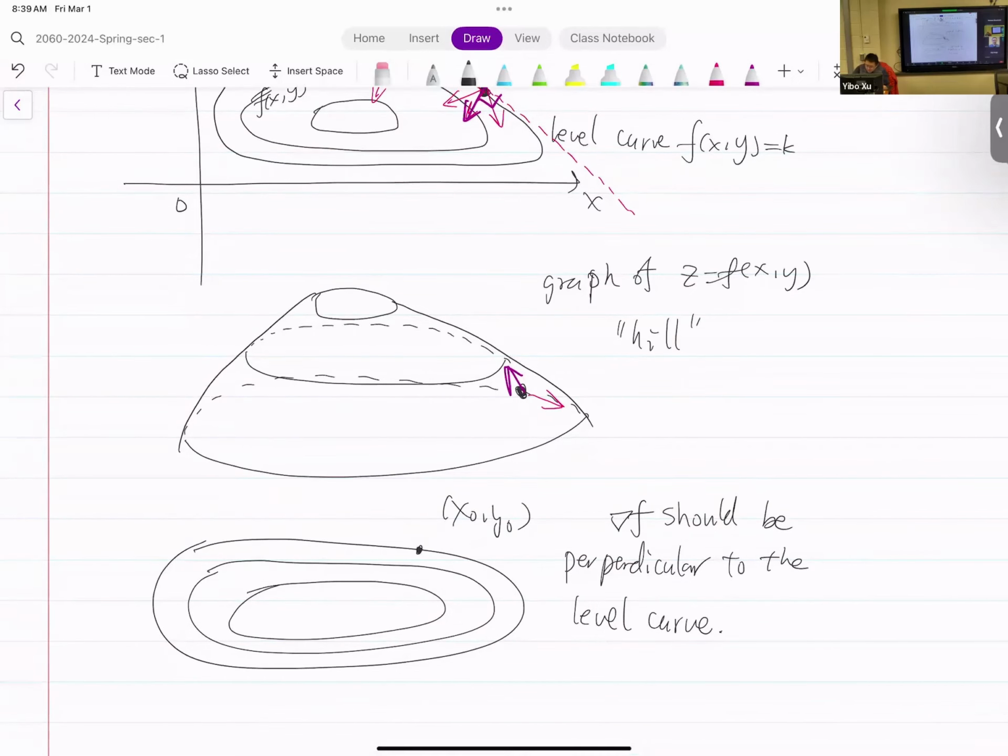And later we will see that exactly for your level curve, the tangent line here is actually, what's that called? A linear approximation. Okay. That is saying that on this line, my function value will stay the same.